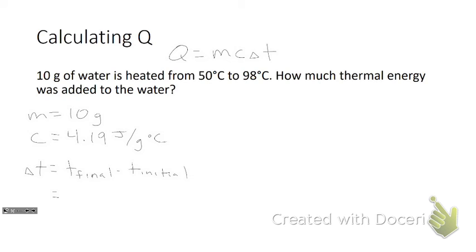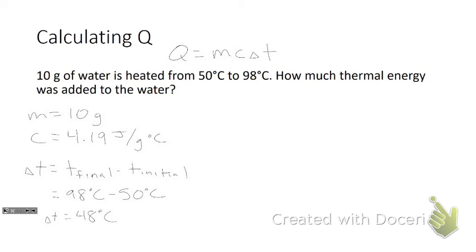So the final temperature is 98 degrees Celsius minus our initial temperature of 50 degrees Celsius. So delta T is equal to 48 degrees Celsius.